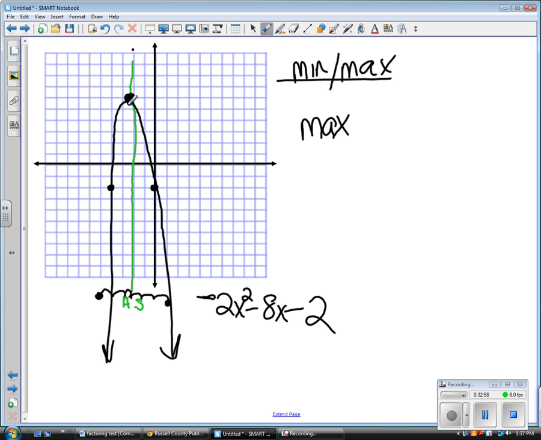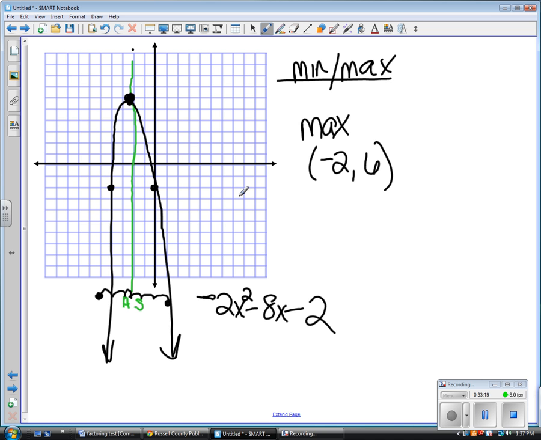And then your maximum point would be what? -2, 1, 2, 3, 4, 5, 6. -2, 6. That's your max point right there.